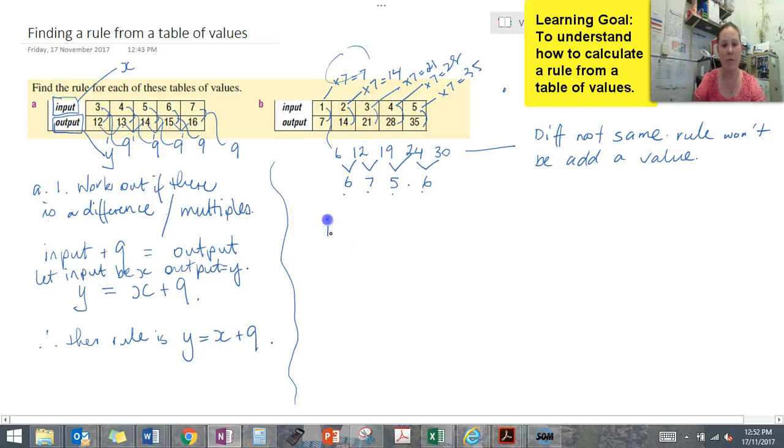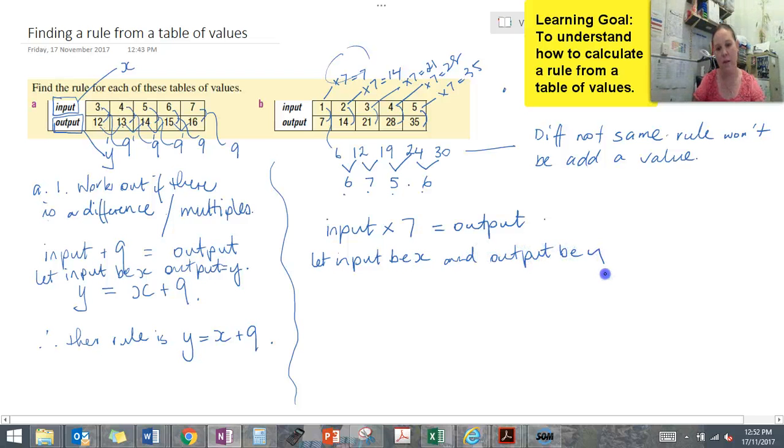So we'll have our input times by 7 will equal our output. So we write that again. We're going to give our input the letter X and the output Y. Like I said, you can use any different values for this.